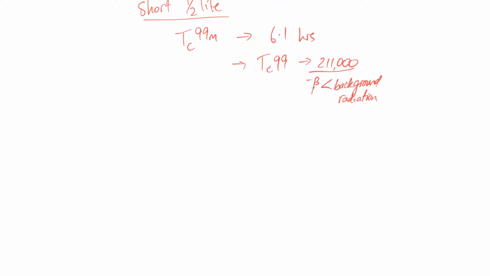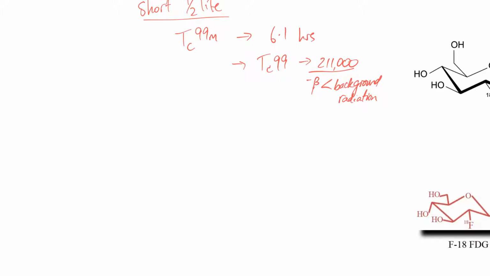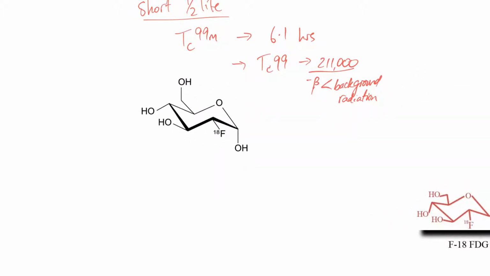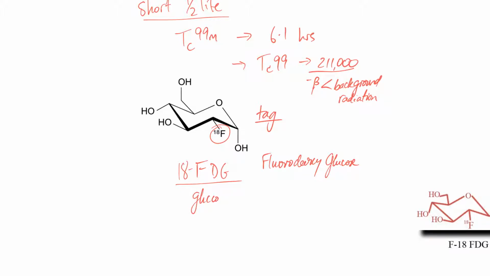Pharmaceuticals could be linked to a molecule such as glucose, and when we look at glucose, this particular one has a radioactive isotope present as a tag. This glucose molecule still acts, and it's actually FDG, or 18-fluorodeoxyglucose, and it's treated by the body as if it was glucose.